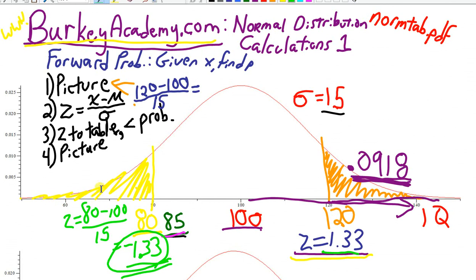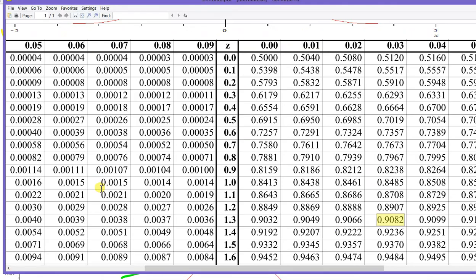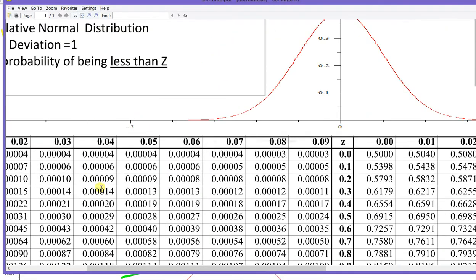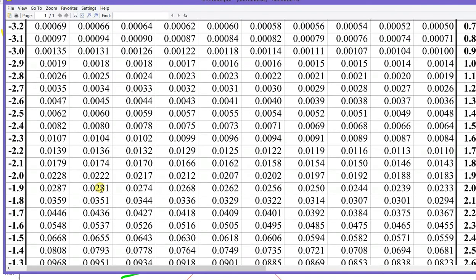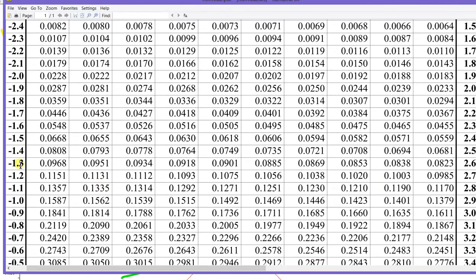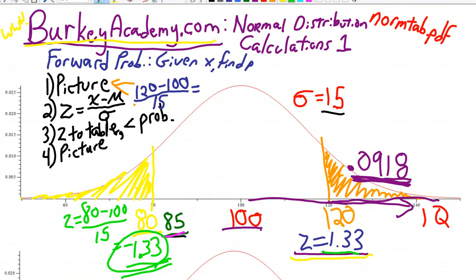And so if we go to the z table and we look up a negative 1.3, here's 1.30, 1.31, 1.32, 1.33, that gives us that 0.0918 directly without having to write down that intermediate step and then subtract from 1.